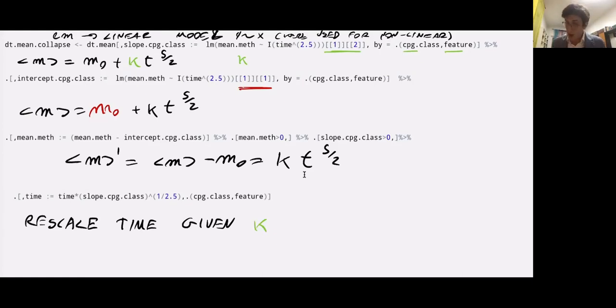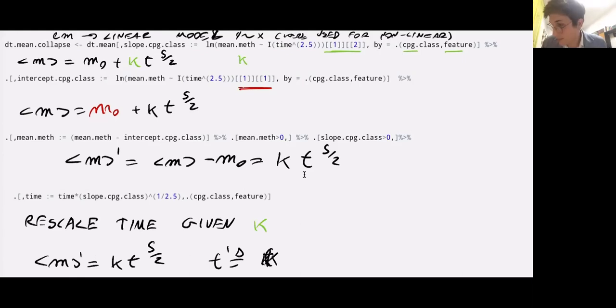So now we have this average m prime equal to k t to the power of 5/2, and we define a t prime as k to the 2/5 times t. This is my mistake, it should be 2/5 times t. This is what I have done here. This is k to the power of 2/5, so 1 divided by 5/2, times t. So this is my new time.